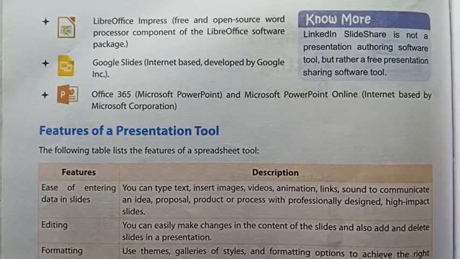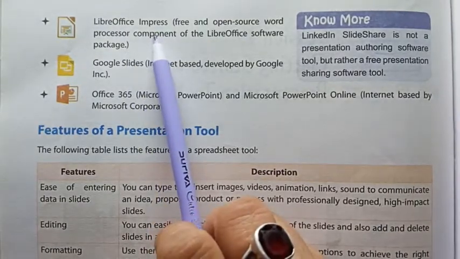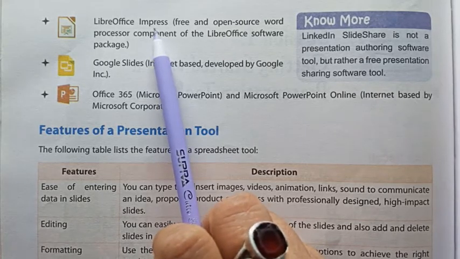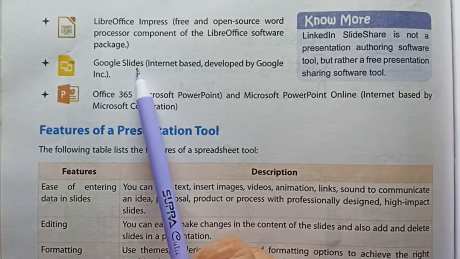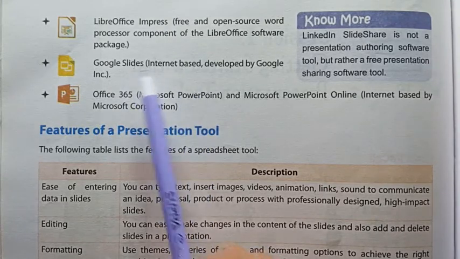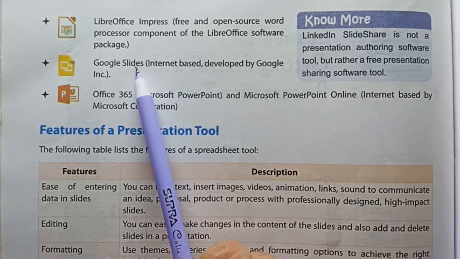We have yet another popular tool, LibreOffice Impress, which is open source. Then we have Google Slides. These are internet based. To create Google Slides, you need to be connected to the internet, and only then can you create them.